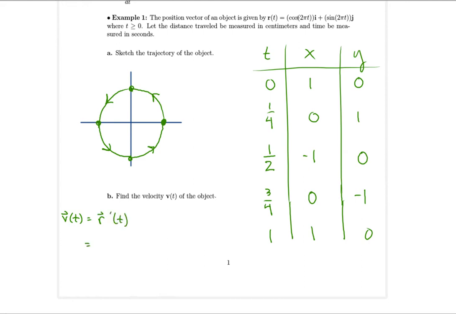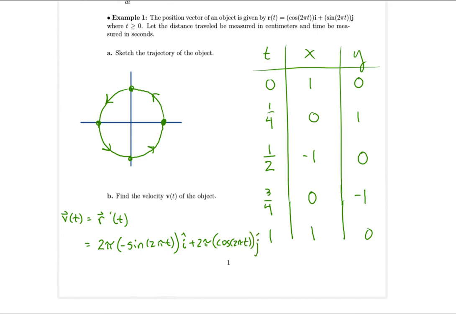But we know how to take the derivative of this, right? So we have the chain rule. The derivative of the inside of the cosine is the derivative of 2 pi t, which is just 2 pi, times the opposite of the sine of 2 pi t, and that's going to give us our i component, and then 2 pi times the cosine of 2 pi t.